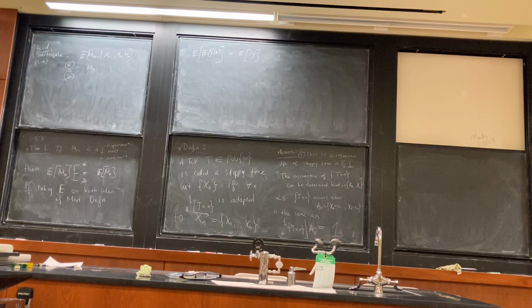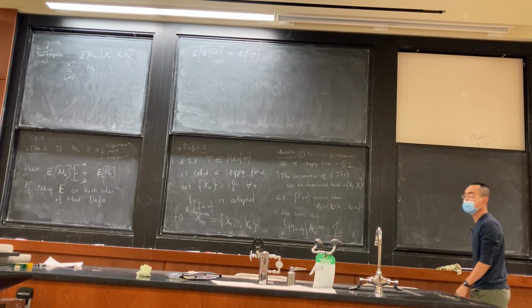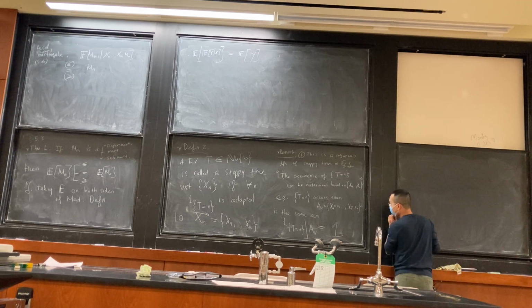In other words, that random variable is adapted to the collection from X_0 to X_n. On the other hand, if the event does not occur, the indicator function conditioned on the past is 0. That's why we call it adapted.